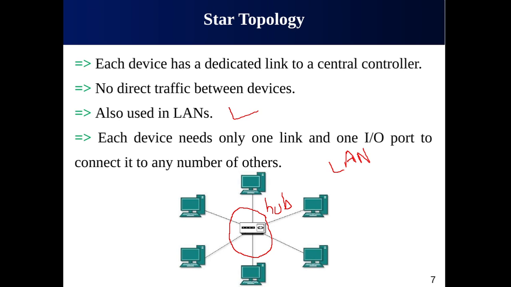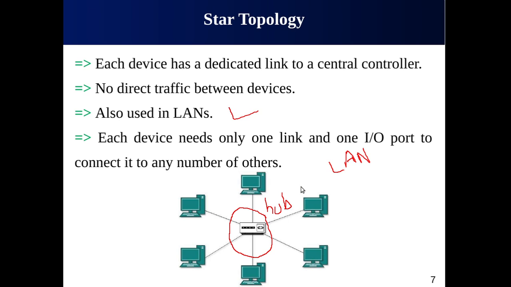It is less expensive than other types of topology that we are going to study in this lecture. In star topology, each device needs only one link and one input-output port to connect it to any number of other devices. And this factor also makes it easy to install and configure.